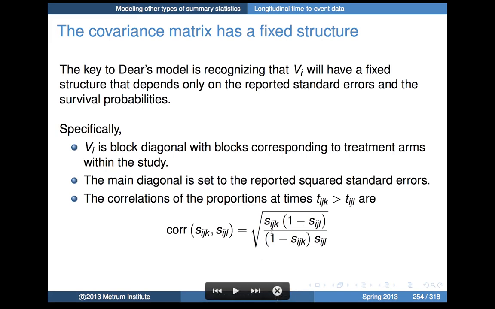It's the square root of Sijk times 1 minus Sijl divided by 1 minus Sijk times Sijl. So you can look at this. Here we have Sijk, 1 minus Sijk. That's like the odds of the event happening at the kth time point divided by the odds of the event happening at the lth time point.